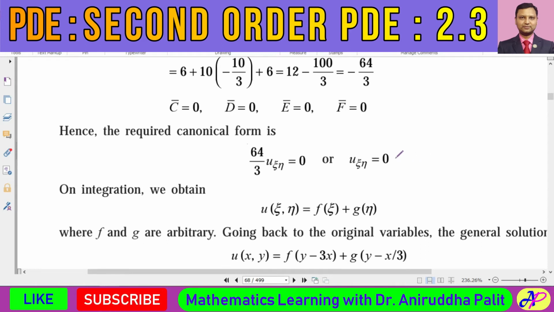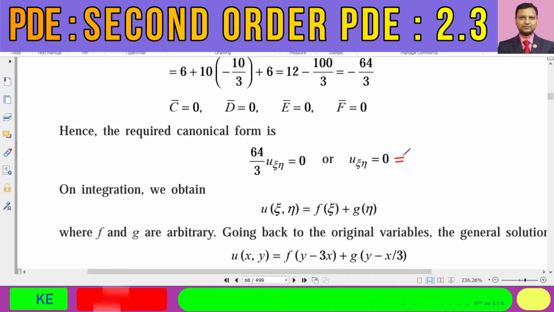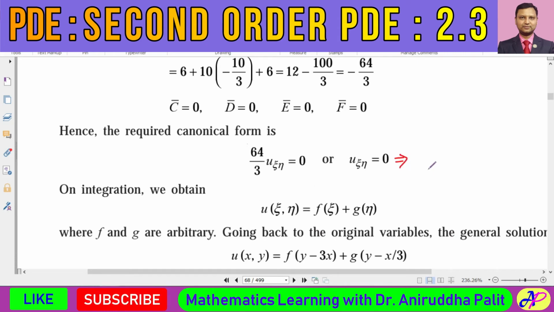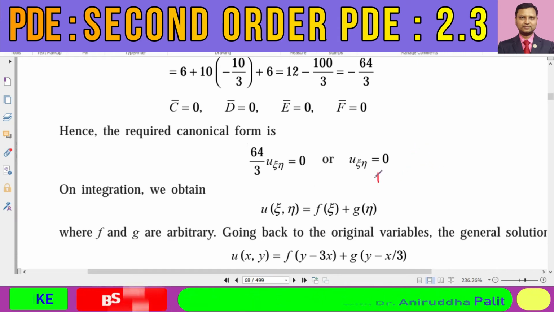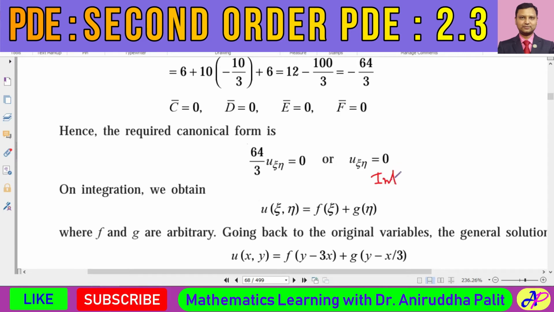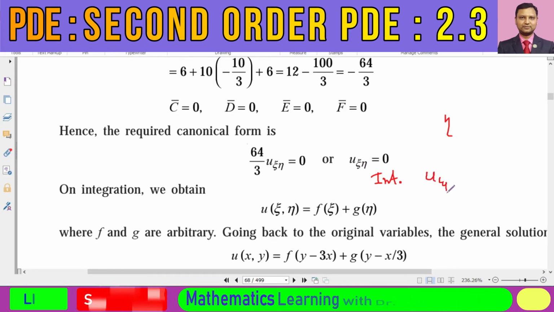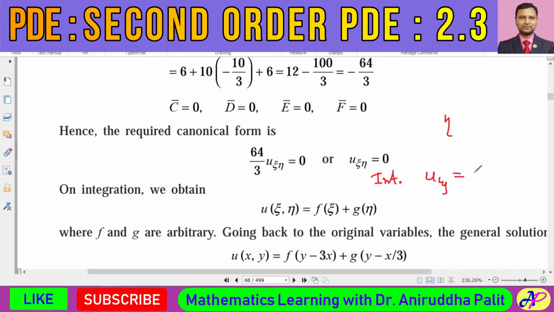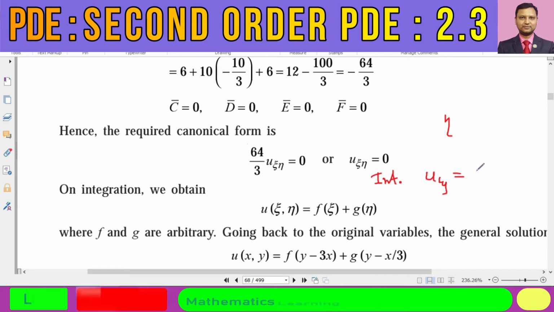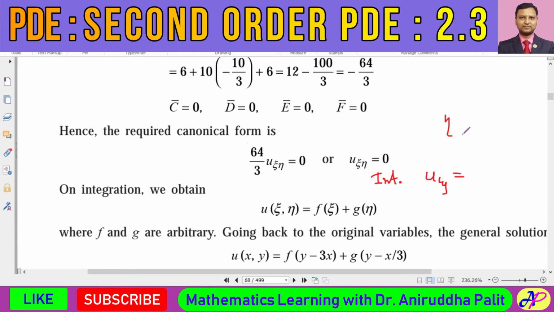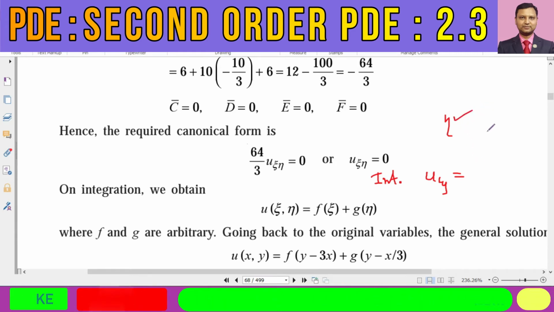You see, suppose you are integrating at first with respect to eta, then after integration, what we have, we shall have u xi is equal to maybe some quantity which does not depend upon eta.